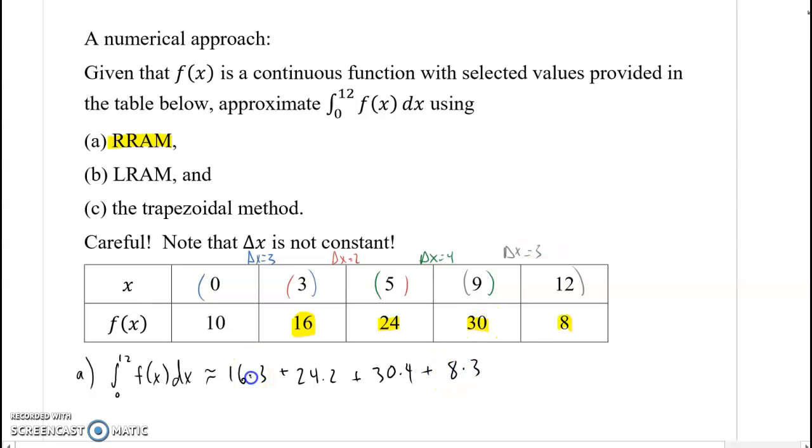And we just have to evaluate that, and that's really all it is. 16 times 3 is 48. 24 times 2 is also 48. 30 times 4 is 120. 8 times 3 is 24. And then when we add those up, that's going to be, I think, 240, perhaps.